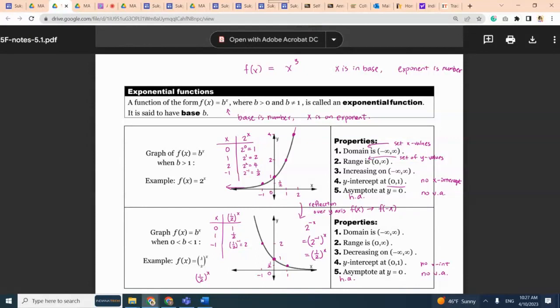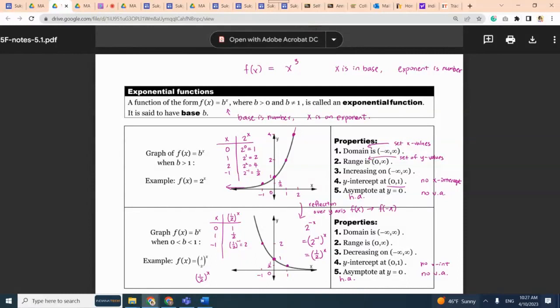Yes. The y-intercept is also (0, 1). Everybody? And do we have an x-intercept? No, it's getting closer and closer to the x-axis, but it never touches the x-axis. So we don't have an x-intercept. Do we have vertical asymptotes? No, right? Do we have horizontal asymptotes? Yes. The x-axis, which is y equals 0.